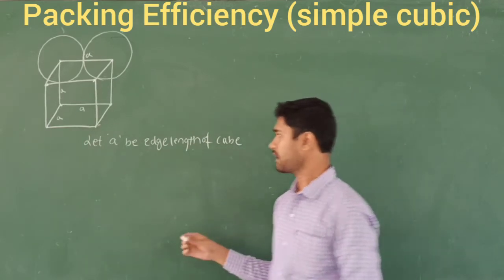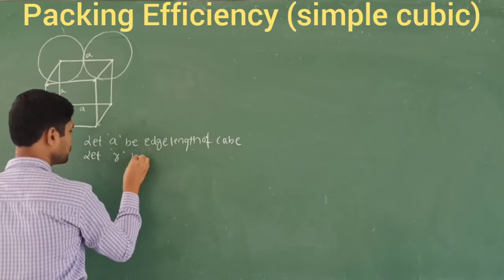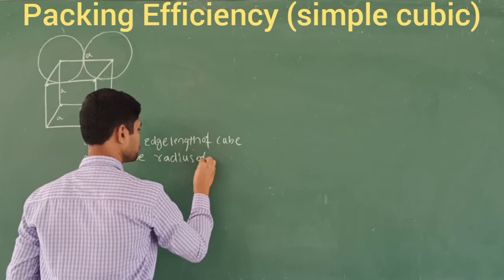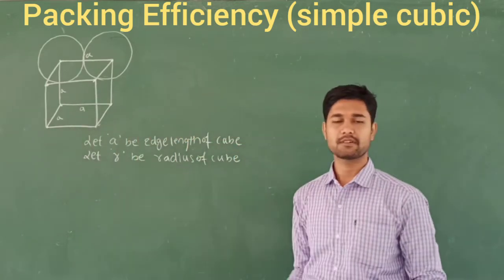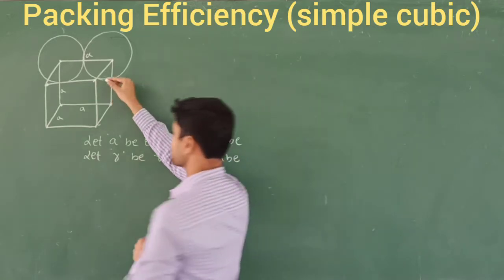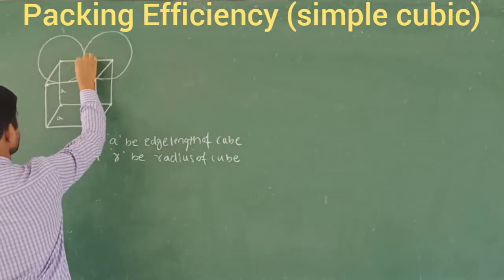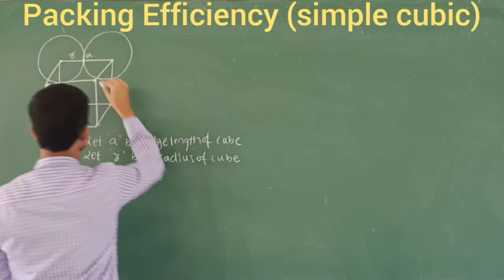Next, let r be the radius of the sphere. How did the radius come here? Because of the spheres; one sphere contains the radius. From this nucleus to this side is 1r, and from this nucleus to this side is another r.